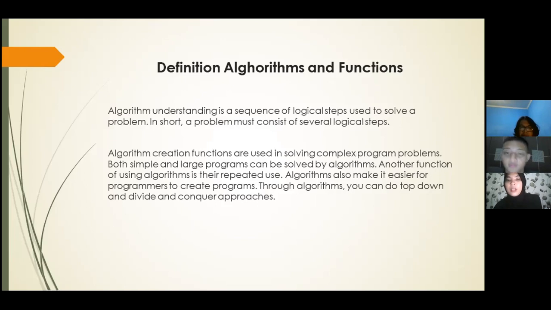Another function of using algorithm is their repeat use. Algorithms also make it easier for programmers to create programs through algorithms. You can do top-down and divide and conquer approaches.